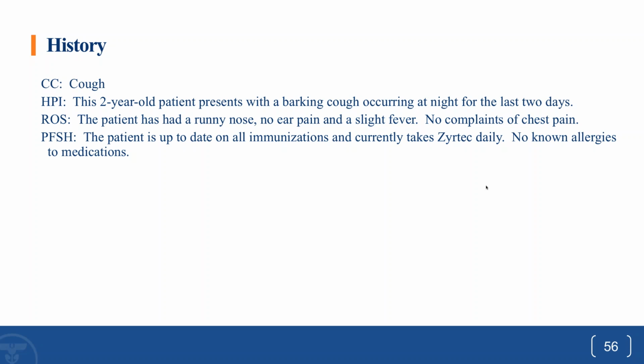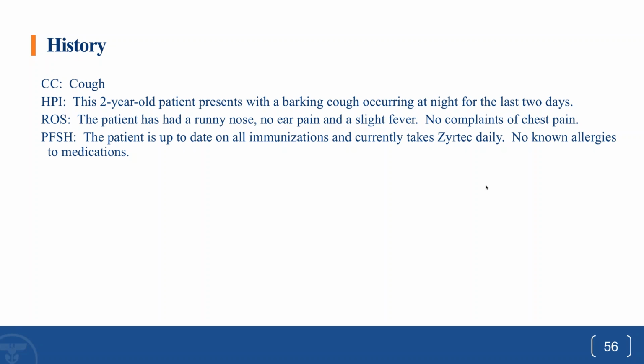So I said runny nose, no ear pain. That's going to be ears, nose, and throat. Remember, they said no ear pain, runny nose. That still only counts as 1, right? And then they said they had what? A slight fever. That's constitutional.